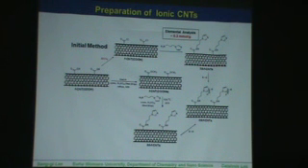So we developed another method in the presence of catalytic acid. We first made the ester and then transamination to get this compound.